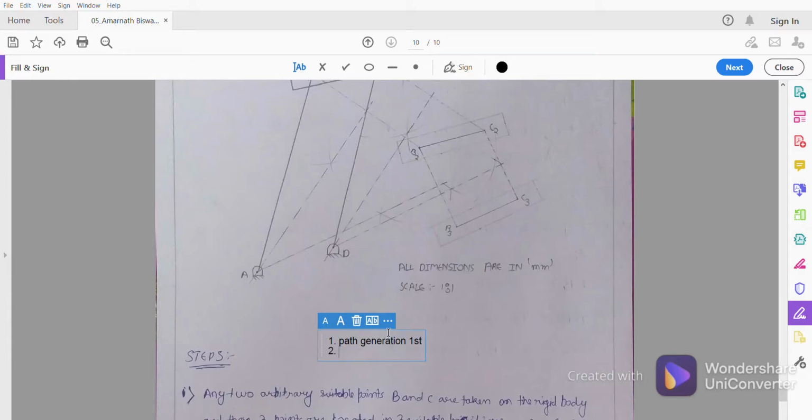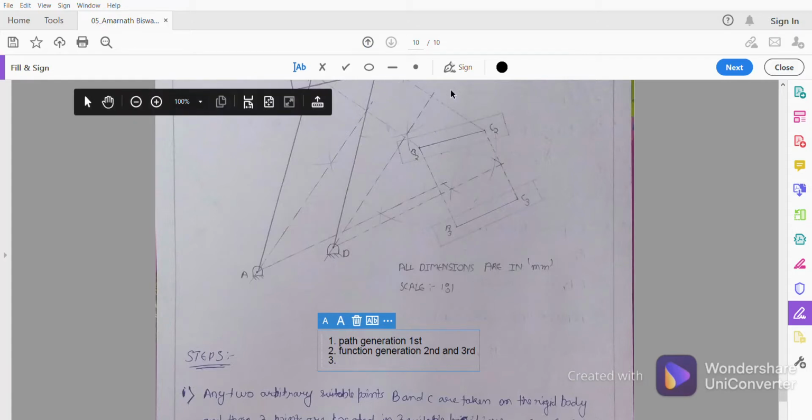Then we learnt the function generation method, where we have inputs and get outputs. The path may be circular, straight line, or some curvy shape.